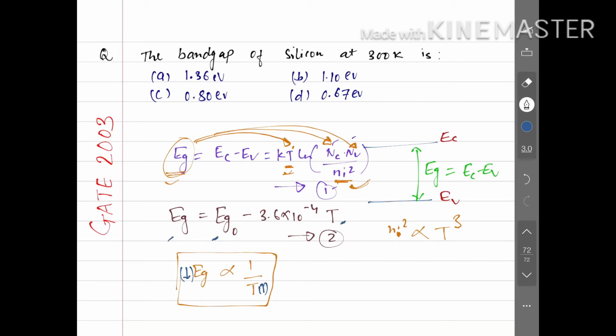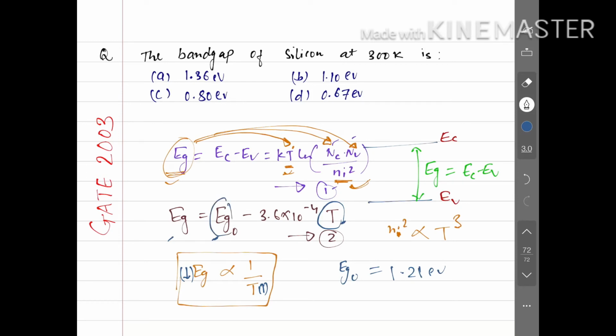This Eg is the band gap at a particular temperature. Eg0 is the band gap at 0 Kelvin, which is fixed at 1.21 electron volt. So now we know the value of Eg0 from this equation.